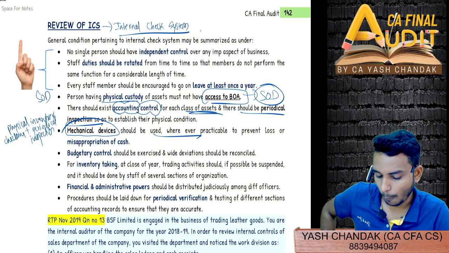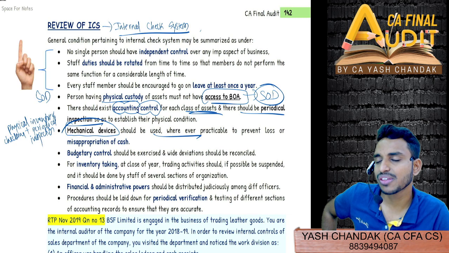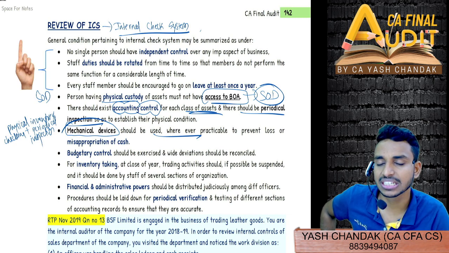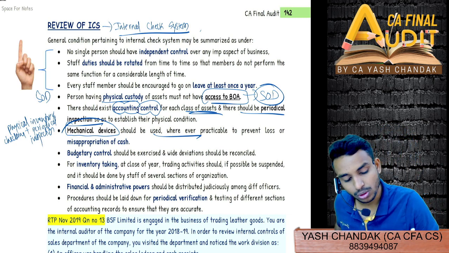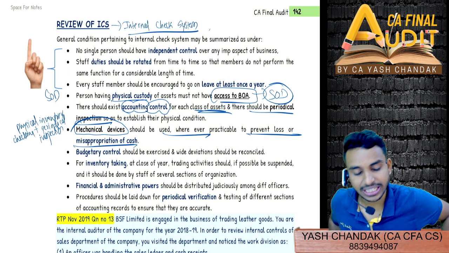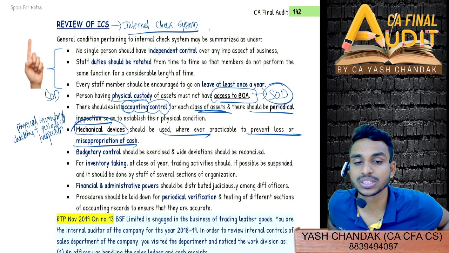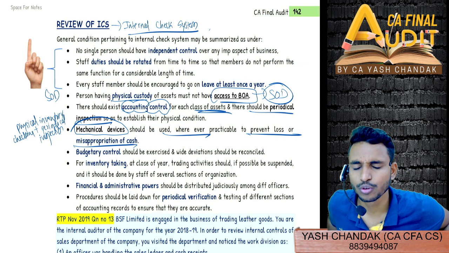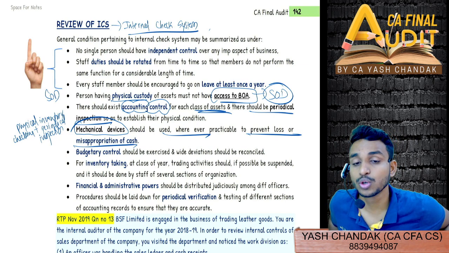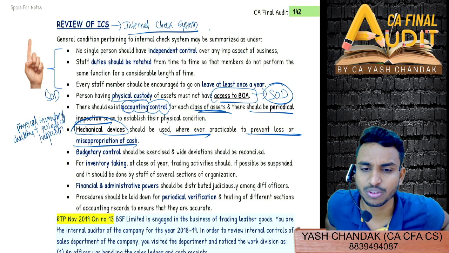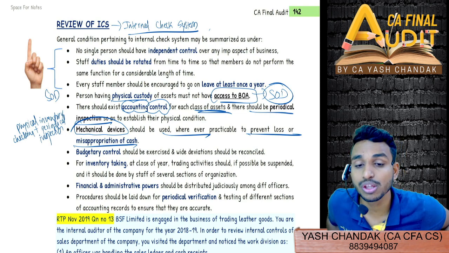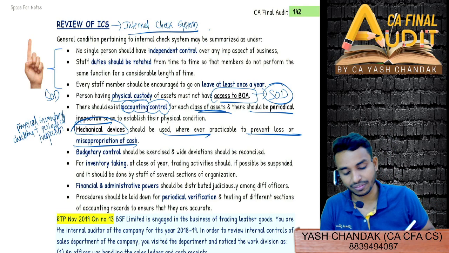This is used to prevent or detect any loss or misappropriation in cash. So you don't have to be extra careful checking the notes and everything. So an automated cash register could be a mechanical device which will help you reduce misappropriation of cash.